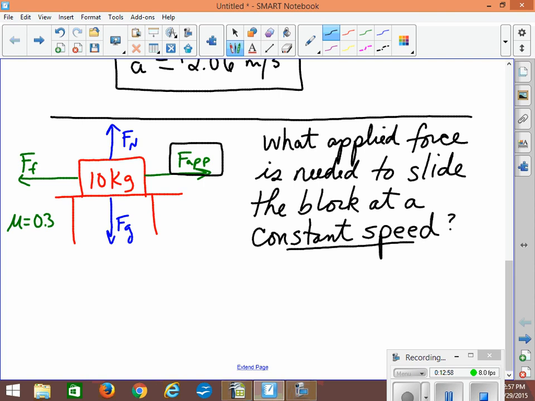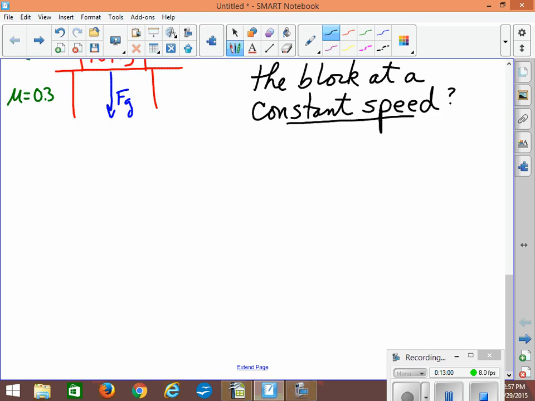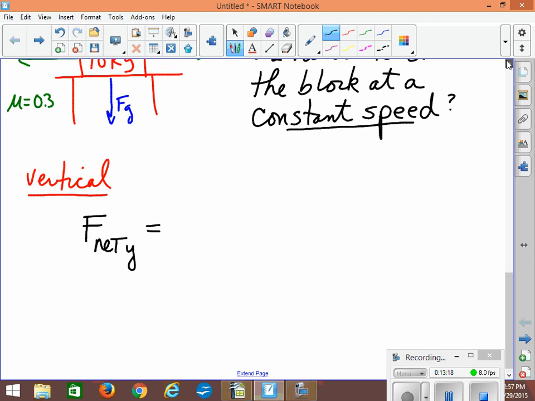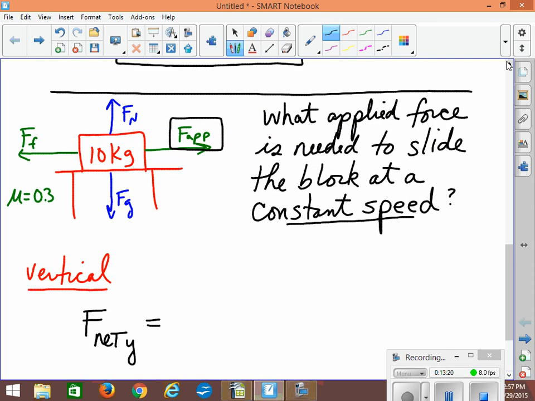Of course, we have to solve the problem the same way as before. So we'll start with the vertical forces, up and downy forces only. Now let's have a look at what we've got. If we start with vertical, the net force, or the total up and downy vertical forces, F net Y, has to be all of the up and down arrows in my picture added together. And I see two.